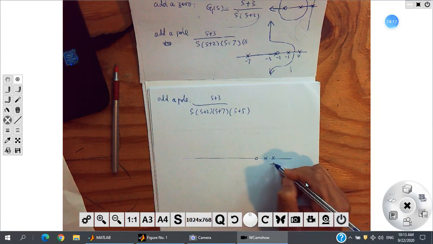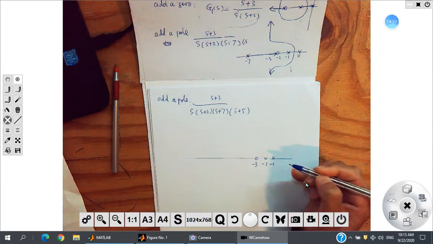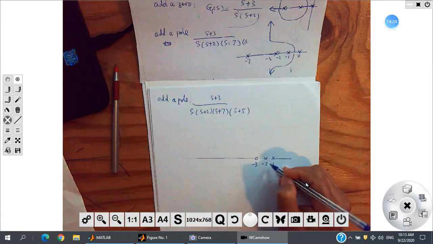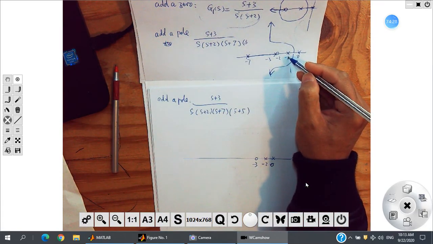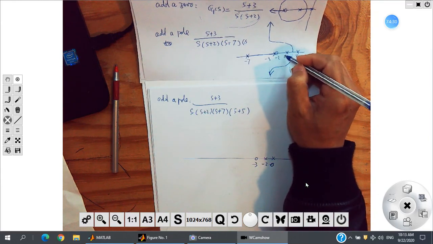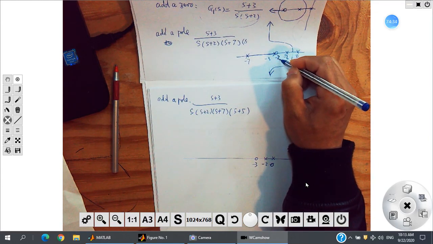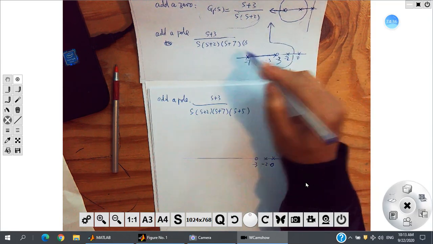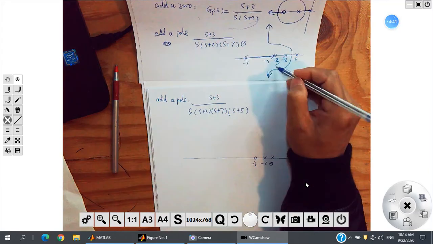This is negative 1, negative 2, negative 3. Sorry, this is 0. The poles are at 0 and negative 2, and the zero is at negative 3. Okay, so I did a wrong calculation.